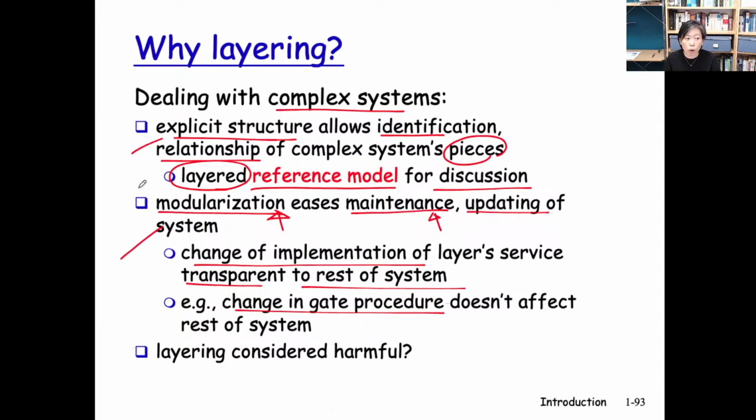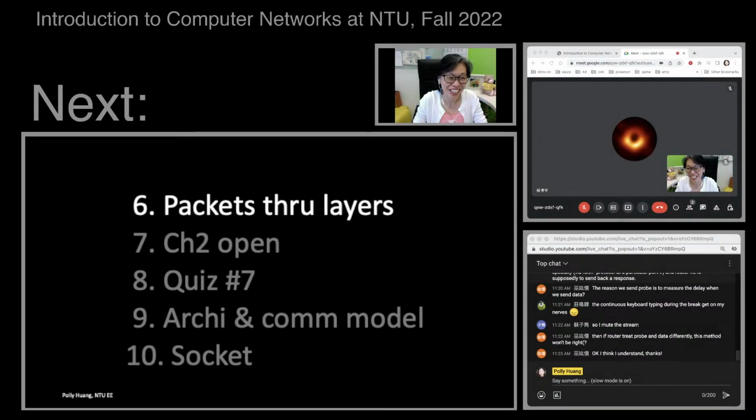Modularization, or layered reference model, layered service model, sounds nice. Can you think of anything that suggests such a layering is not exactly good? All right. Suggest one on Ask Us Anything, if you come up with one.